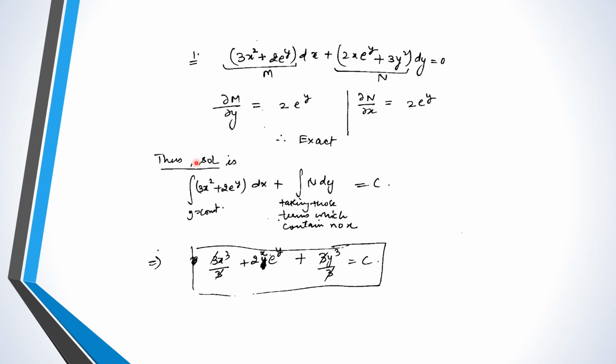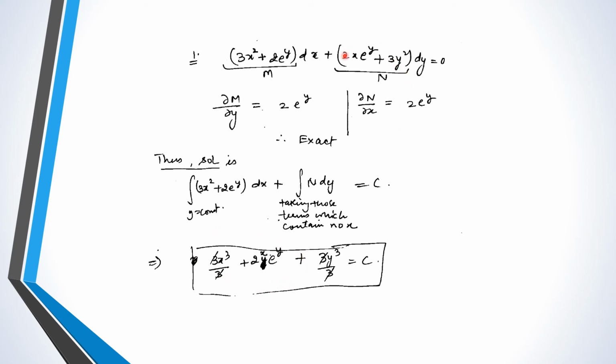So now what is the integration of this function with respect to x? This is 3x square, so the integration of x square is x cube by 3. Your 3 will be cancelled out, you are left with x cube, plus this is constant, so the integration of 1 will be x. So this is 2 into e to the power y into x. So this is the integration of M with respect to x.